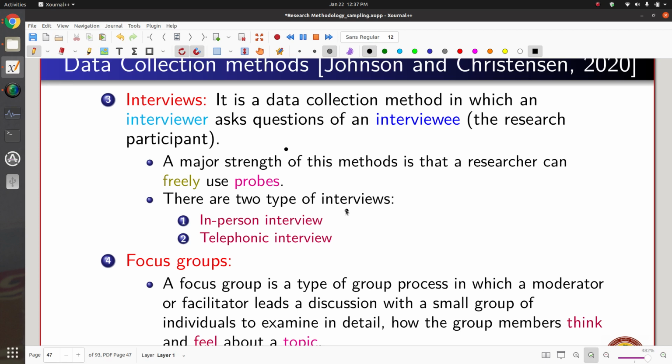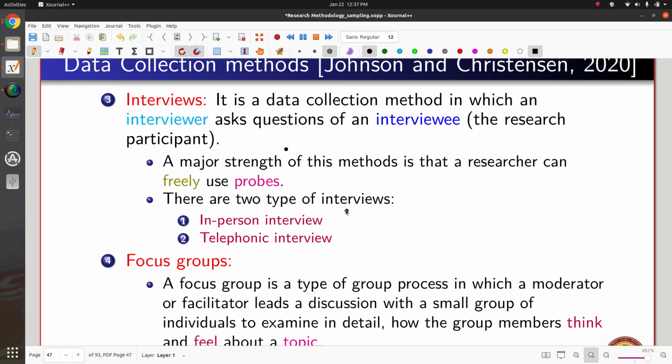So it is a kind of group discussion environment where you have a set of participants. They are there for discussing a topic that you have decided or that is related to your research problem, and you work as a moderator or facilitator for this discussion. As a moderator or facilitator, you control this discussion.